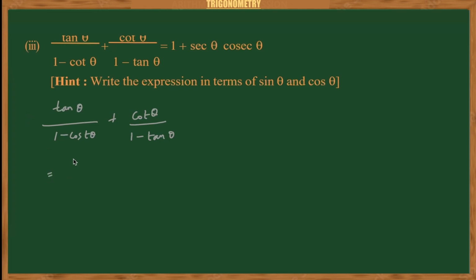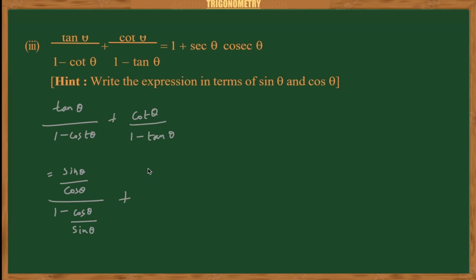So let's try to convert in sine cos format. So tan can be represented as sin theta divided by cos theta. Further, 1 minus cot. Cot can be represented as cos theta divided by sin theta. Just be careful with the signs here and also the simplification.